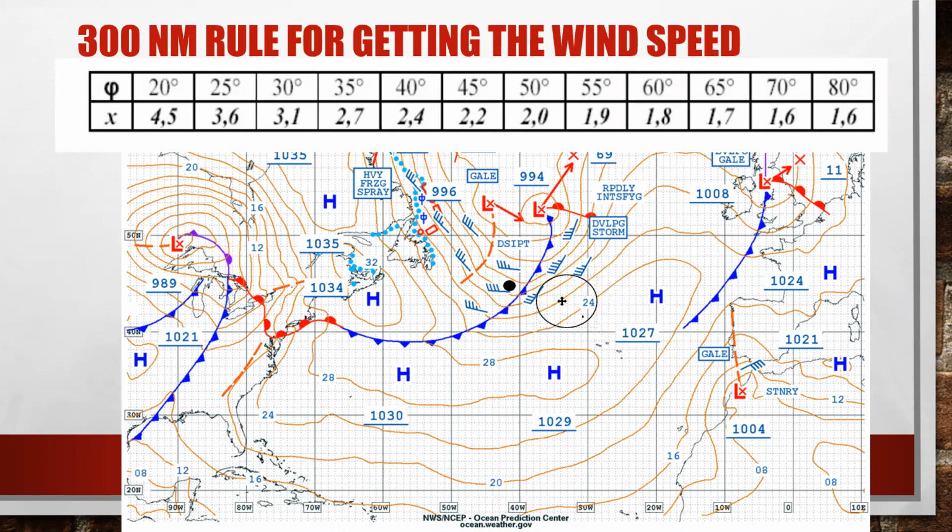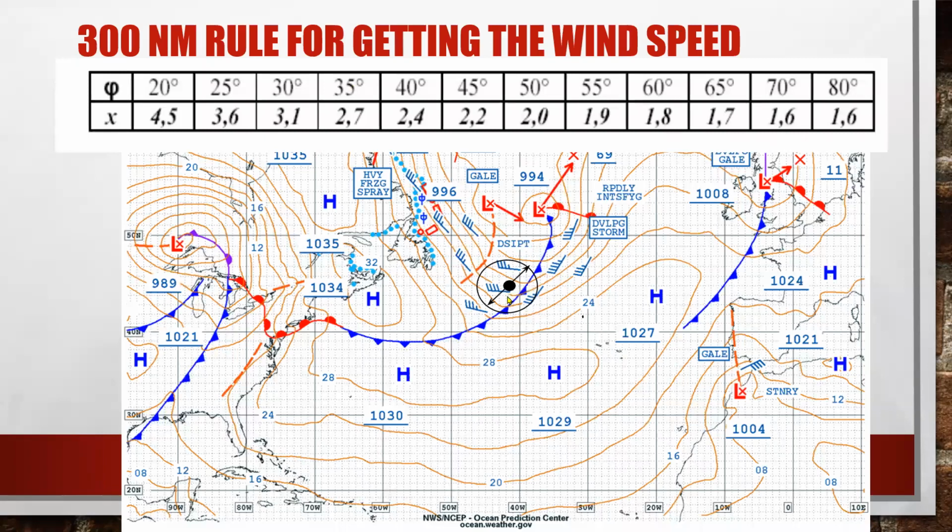So something like this is 300 nautical miles. Now I just circle around it, and this is my perpendicular to this. This is now my position, and the 300 nautical miles are here around the position of this point.